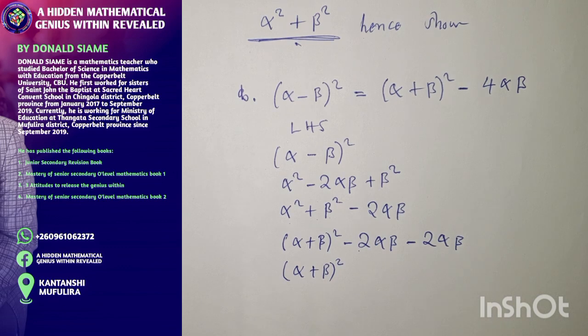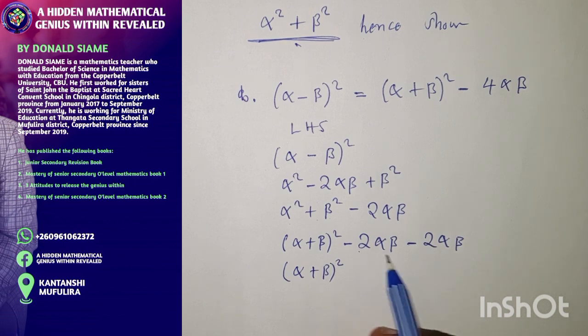This is just simple arithmetic. We have a minus and a minus, and from the rules of integers, when you have same signs, you add and maintain the sign.